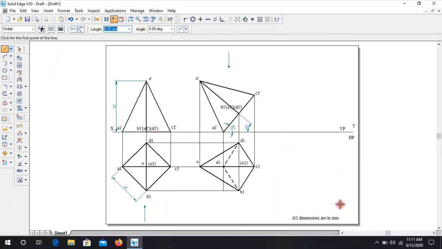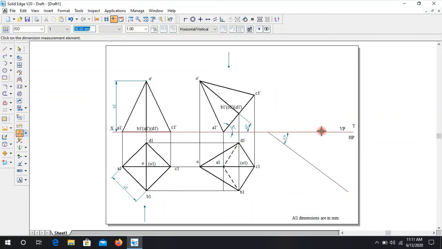In final step, we have to consider what is the axis inclination with respect to VP. In this problem, axis appears to be inclined at 30 degree to VP. First, draw one line inclined at 30 degree.